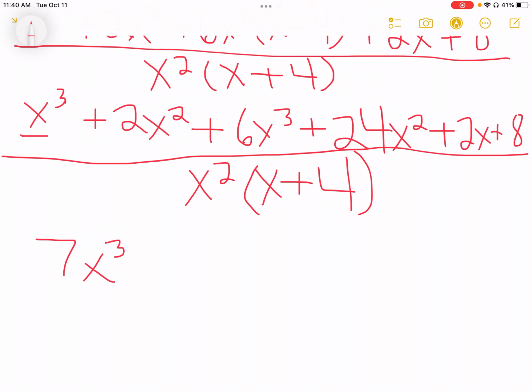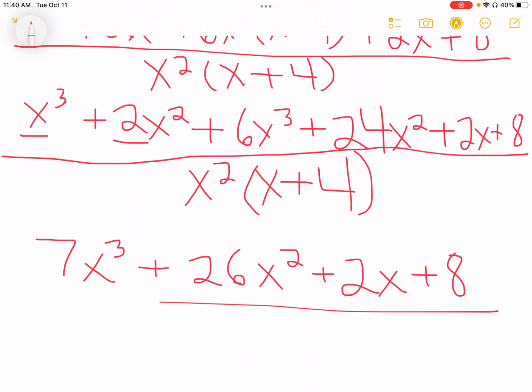What about my x squareds? I have 2x squared over here, and I have 24 of them over there, so that means I have 26 of them, so I have plus 26x squared. Okay, what about my x's? I don't have any single x's, so I'll just end up with plus 2x plus 8.